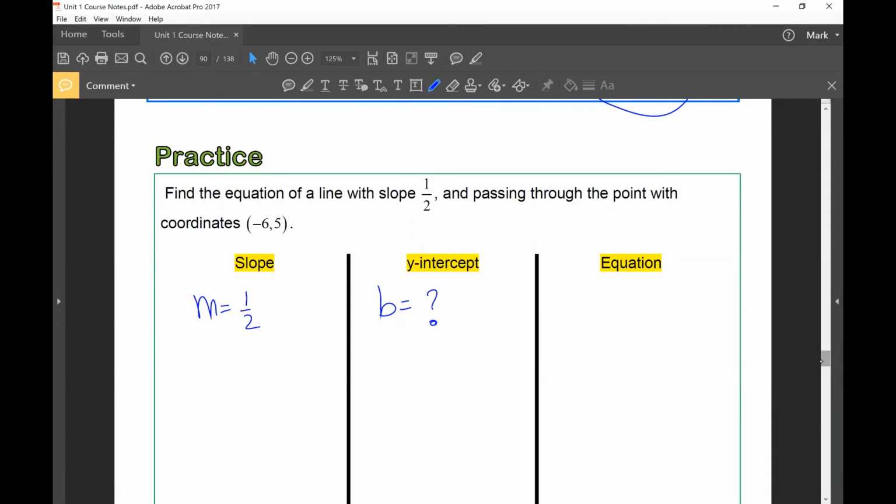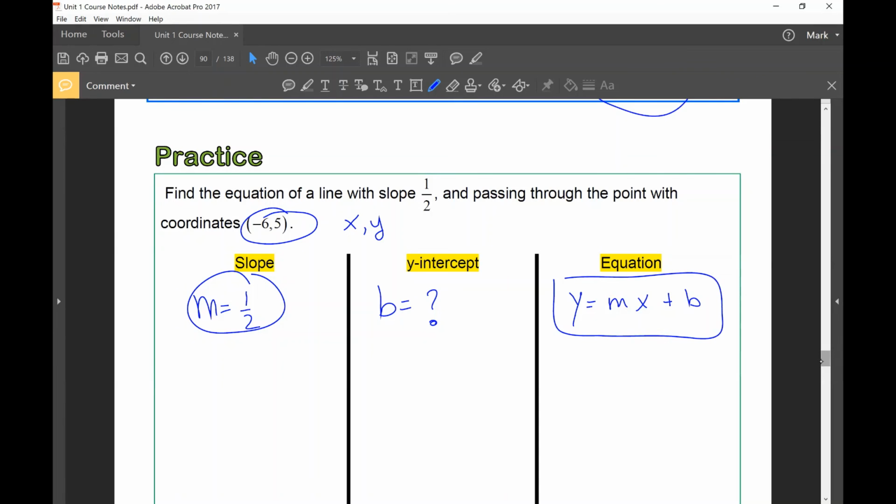But I know the equation is going to be y equals mx plus b, right? That's my equation. I also know that I have a point x and y. So I'm going to plug in, I mean enter all of this information into this formula over here.